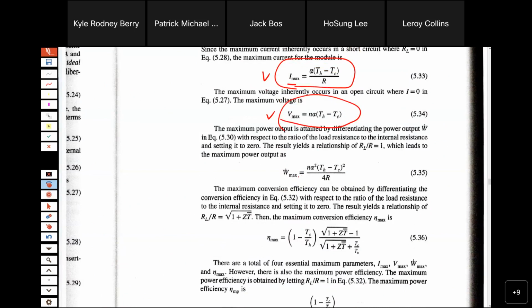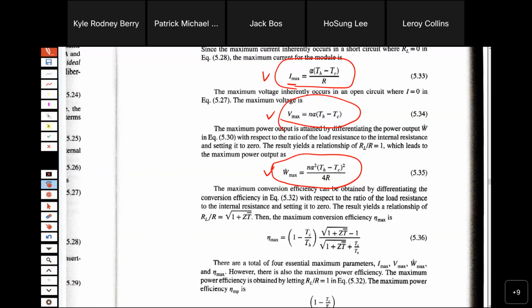And then I have to take a derivative to get the extreme values, and then we got it.